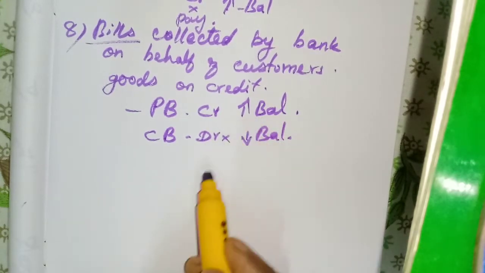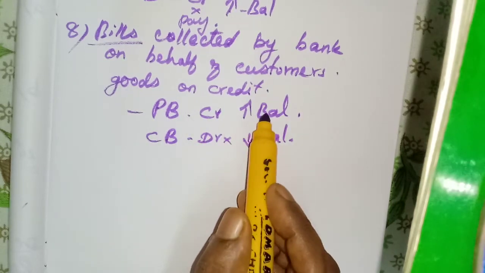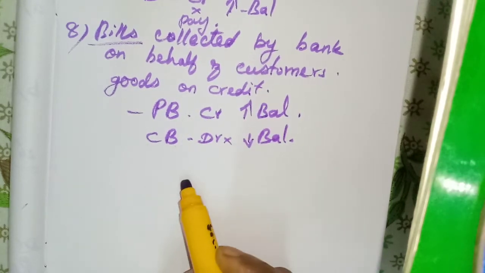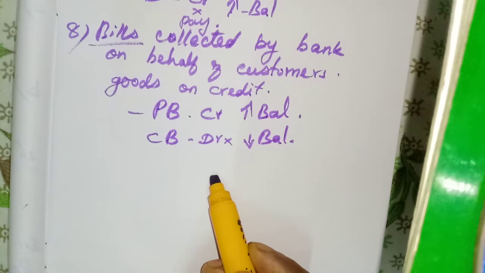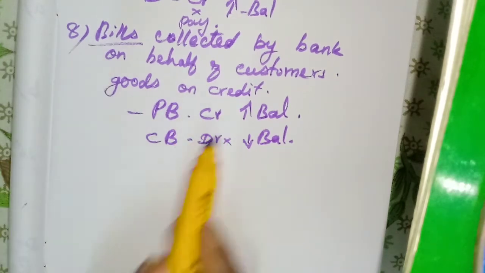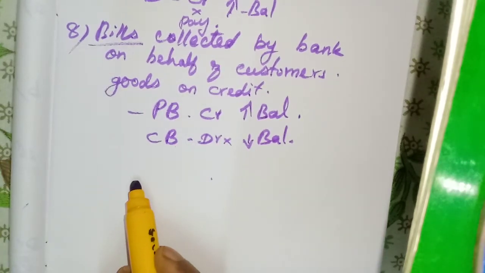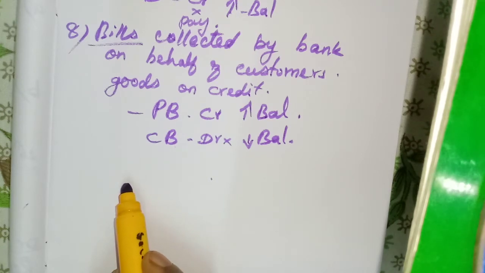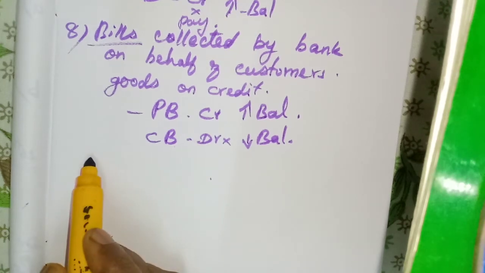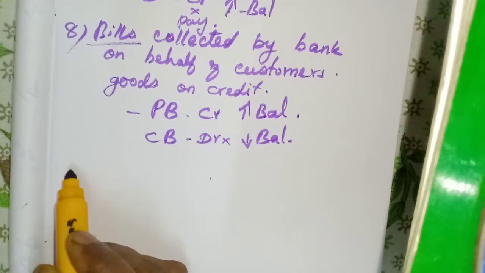That is why the difference occurs. The bank passbook shows more balance, the cash book shows less balance. Understood? These are all the 8 circumstances under which differences occur between the bank passbook and the cash book. Cash book means the bank column of the cash book.